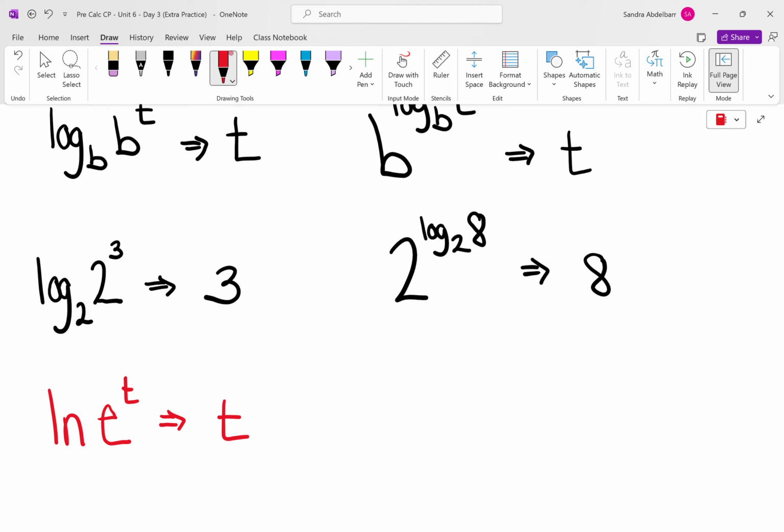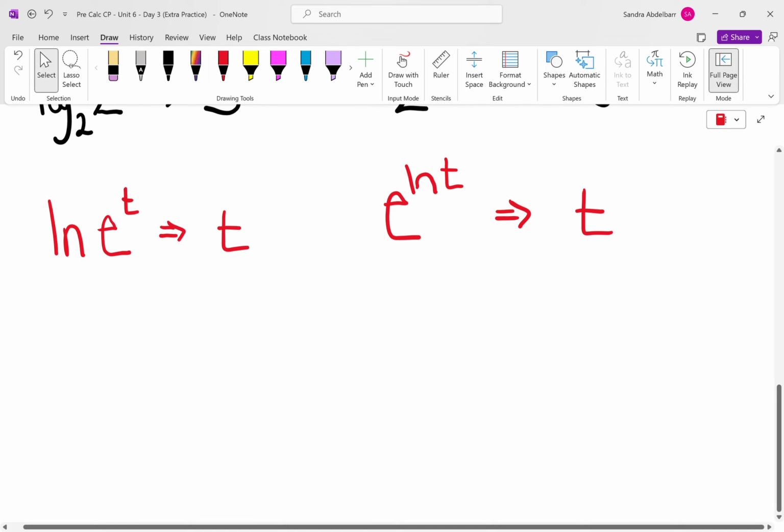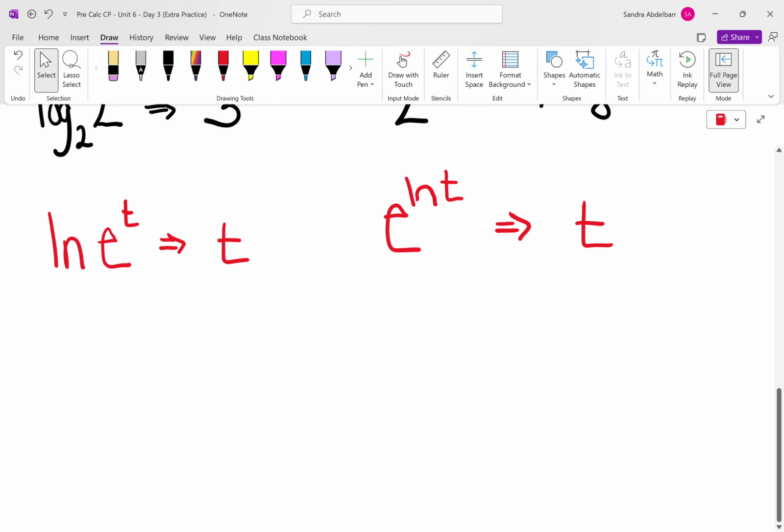And the same thing here, if I have e raised to the ln of t, that equals t. I think that was everything. If there's more, I'll notice when we do a problem.